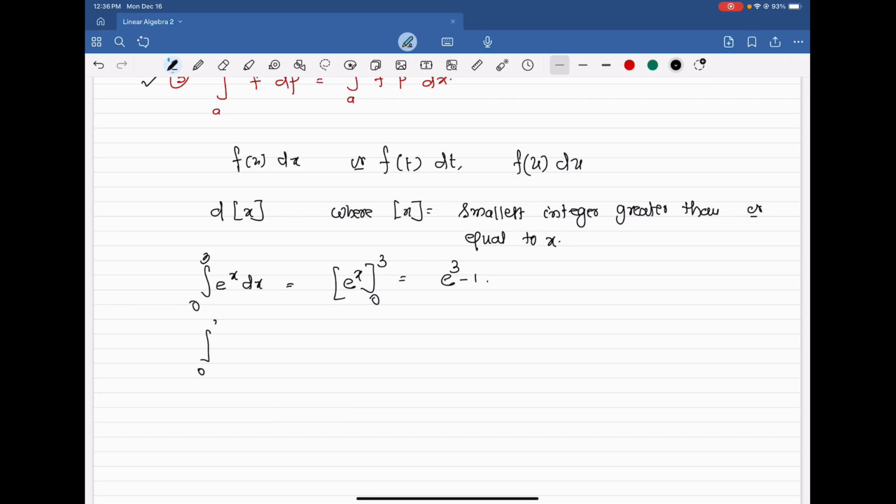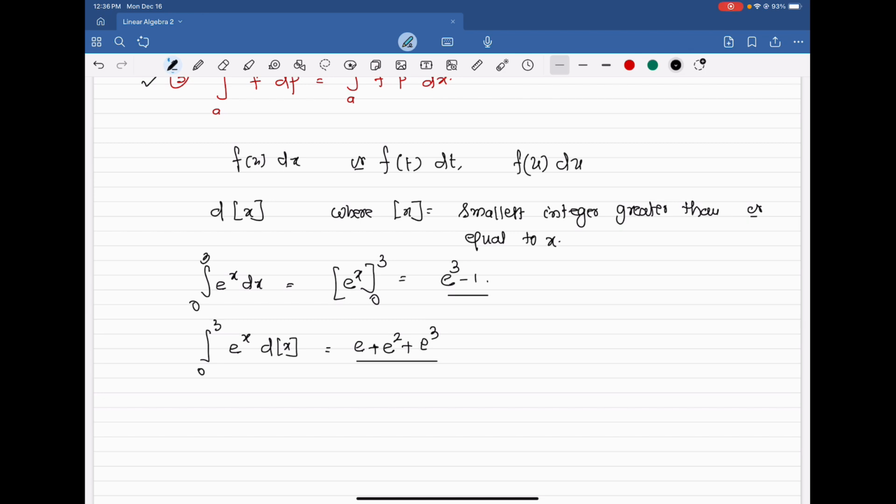The value of integral 0 to 3 e to the power of x, with respect to the floor function of x, or we can say box x, or we can even say the smallest integer greater than or equal to x, will be e plus e square plus e cube.